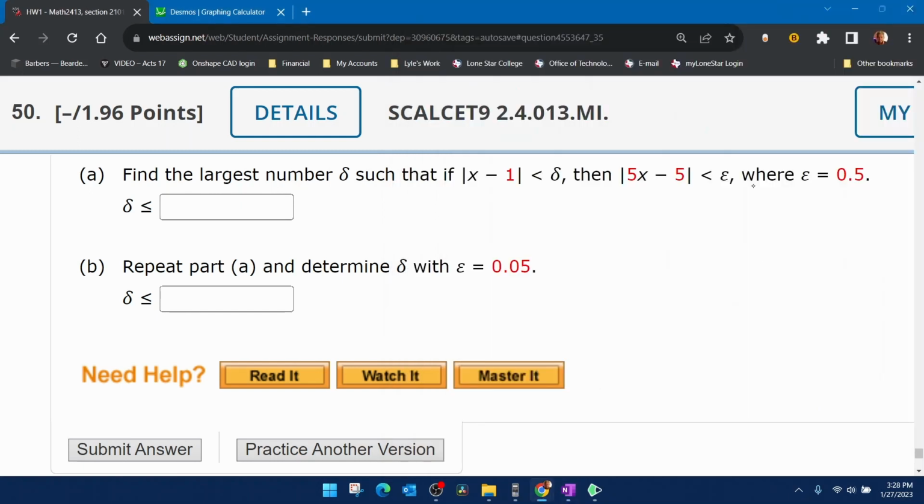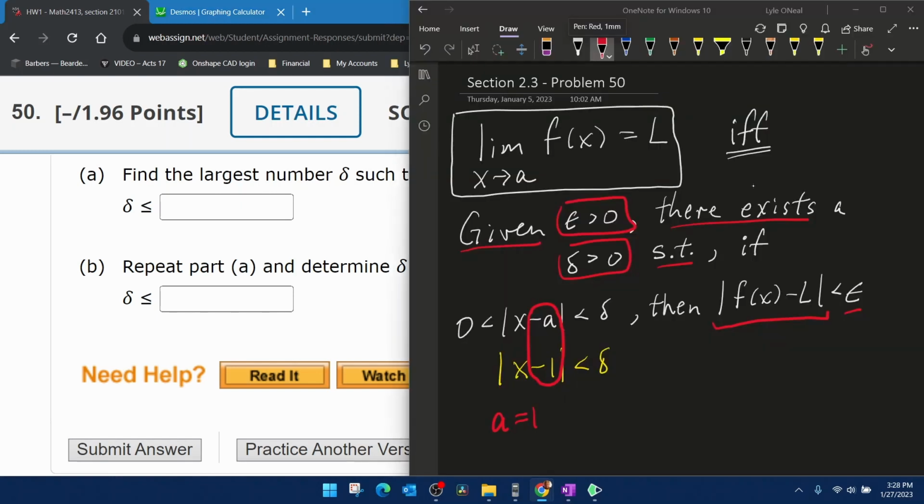And back here, it says then the absolute value of 5x minus 5 less than epsilon. I can plug that in, and that tells me two things: that f of x is 5x and that L is 5.